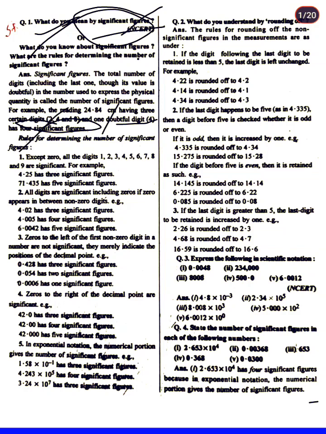The first rule: except zero, all the digits 1 to 9 are significant. For example, 4.25 has 3 significant figures and 71.435 has 5 significant figures. The second rule: all digits are significant, including 0, if 0 appears between non-zero digits.